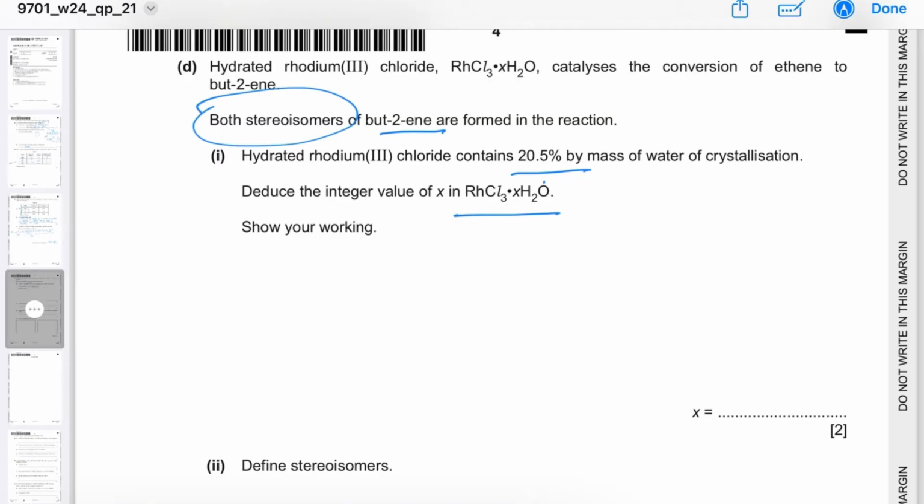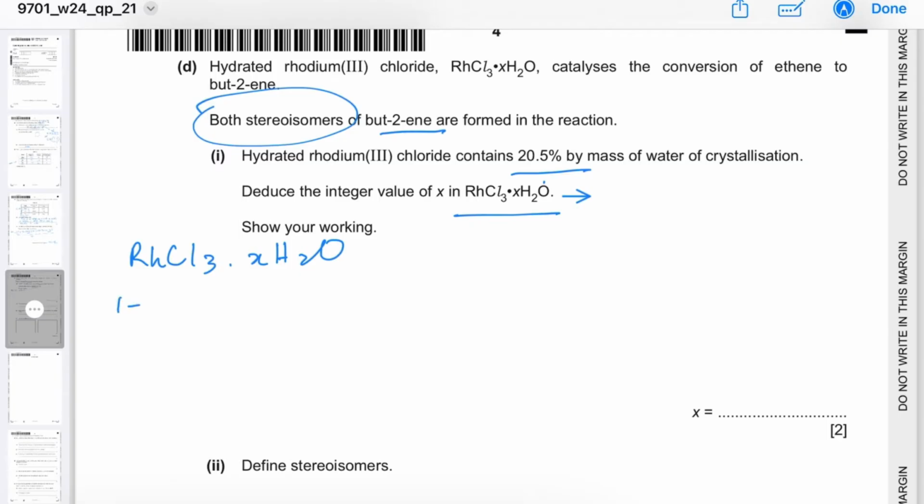So the question is telling us 20.5% of the mass of this hydrated salt is due to water, and in order to find out the value of X in hydrated salt, we'll use the percentage by mass of water of crystallization.